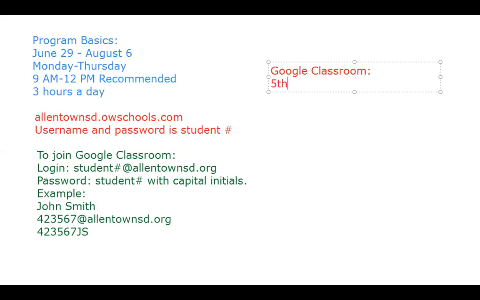The 5th grade code will be WSXCXM6, and the specialist code will be CIZDCAL. So you'll go to that Google Classroom site, you'll click the plus sign, join class, you'll enter the code, and that will join you in that class once the student logs on again using this information, student number @allentownsd.org, and then password student number with capital initials.